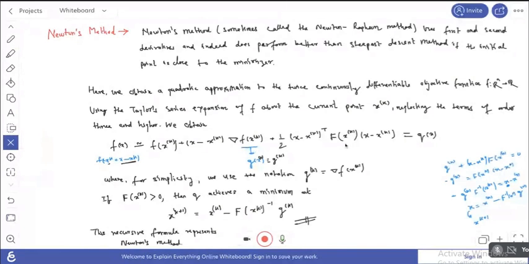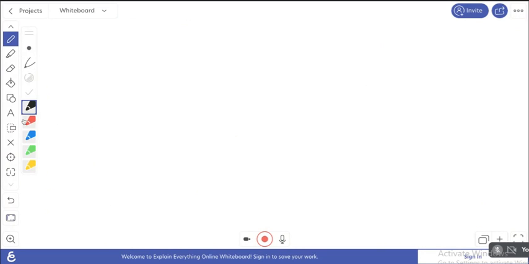On the next page, use Newton's method to minimize the function, and that function is of x1, x2, x3, and x4.